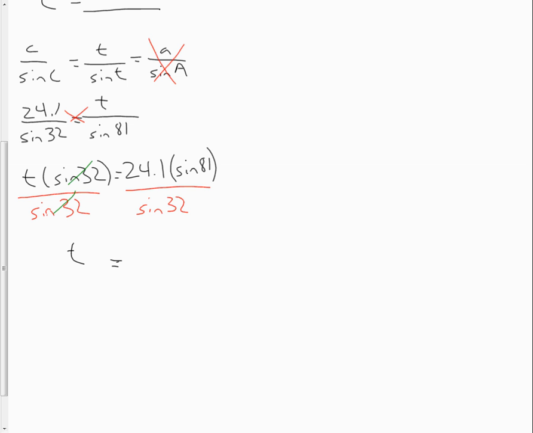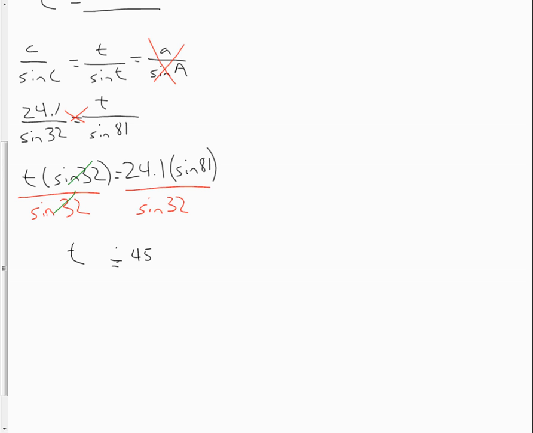And then if I solve the right-hand side of this equation, I take 24.1 times sine of 81, all divided by sine 32. Okay, and that's going to equal approximately 45 centimeters, 45 units.